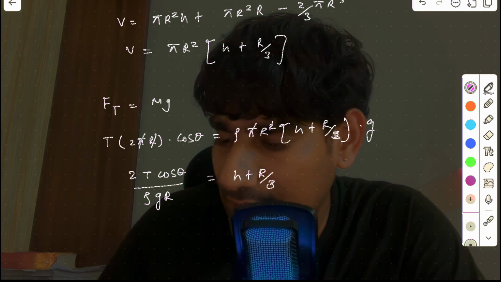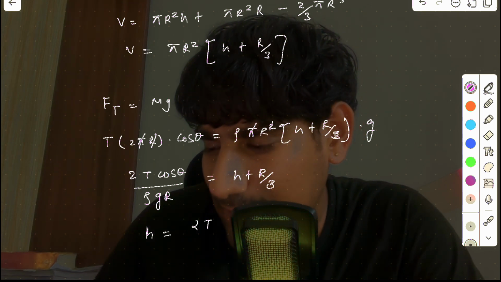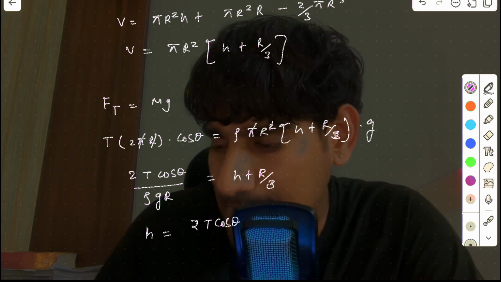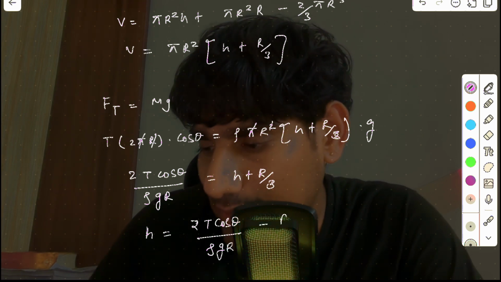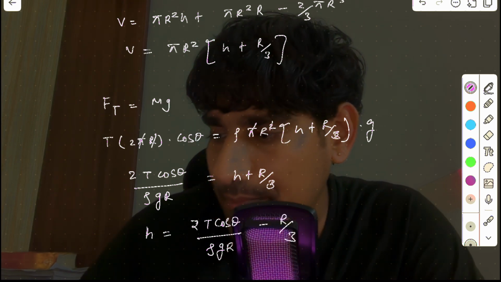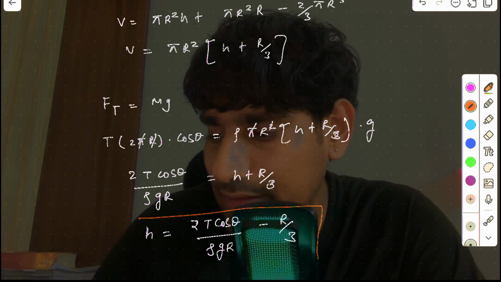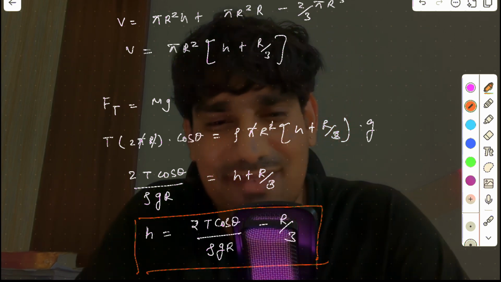So the h value is 2T cos theta divided by rho g r, minus r by 3. This is the height rise we are getting mathematically.